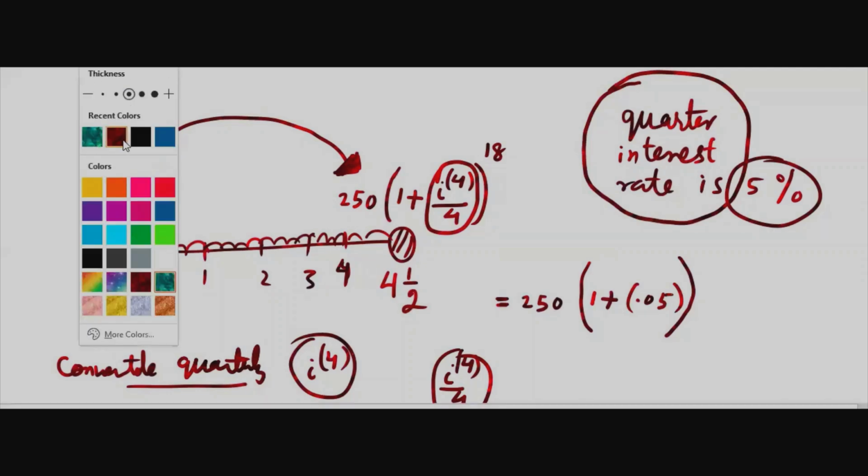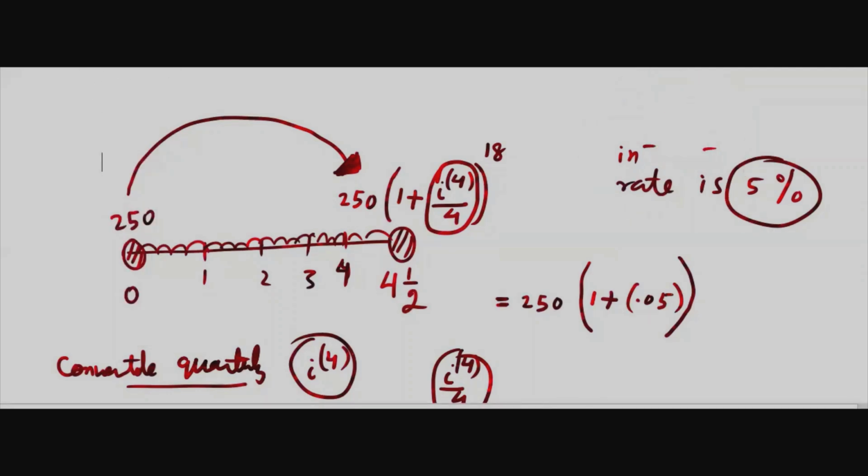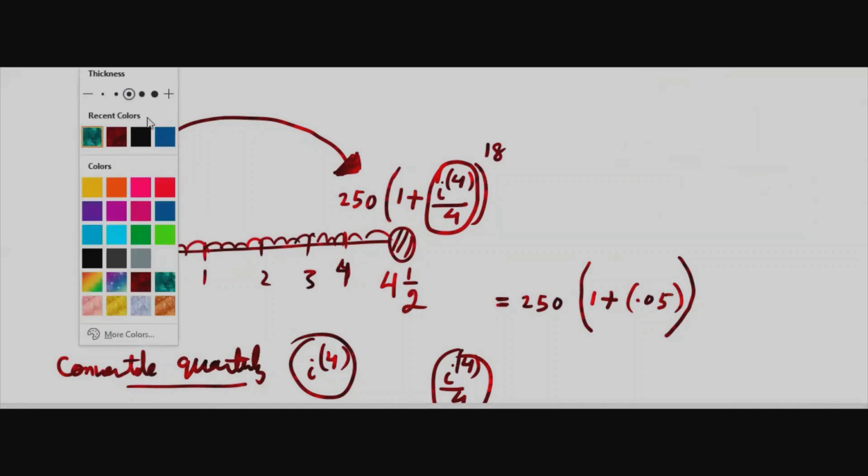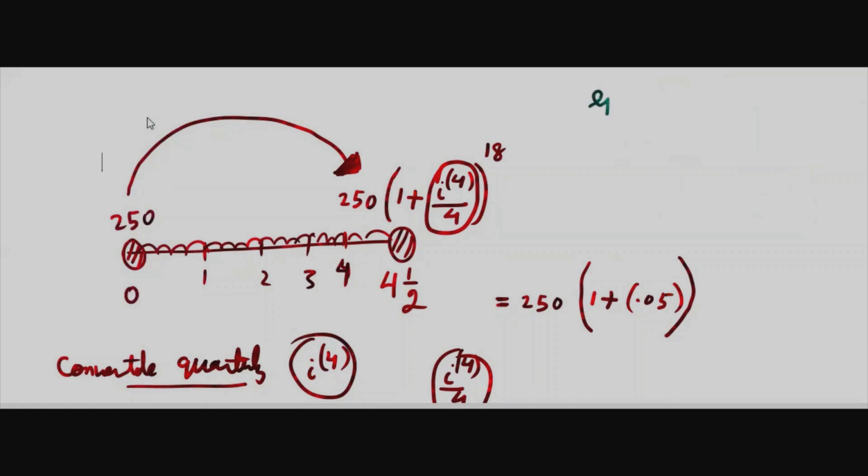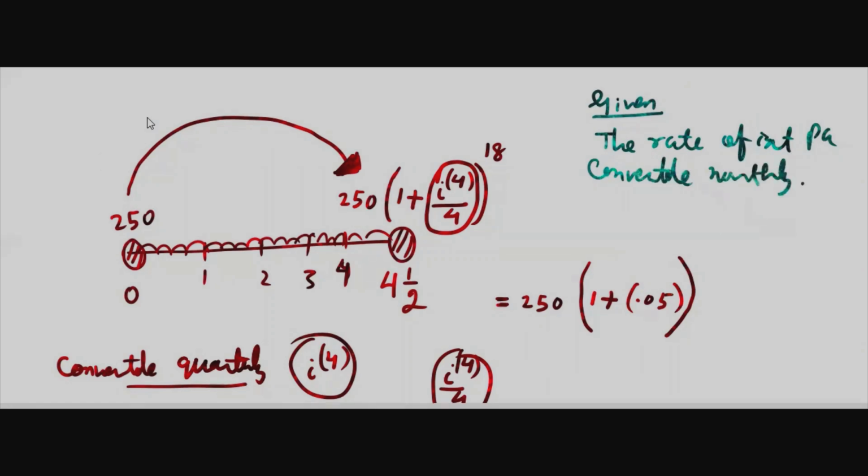If I change it to, suppose, given the rate of interest per annum convertible monthly, how you will do the problem? Yes, Tanvi, tell me. The rate of interest per annum convertible monthly is 8%.